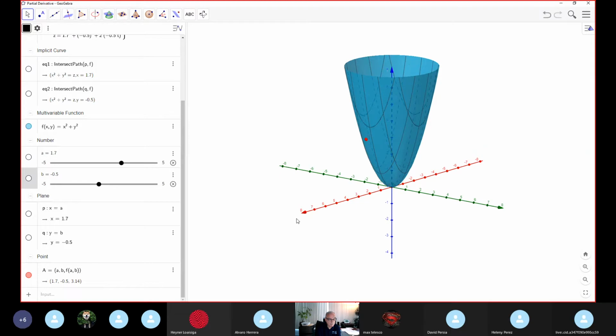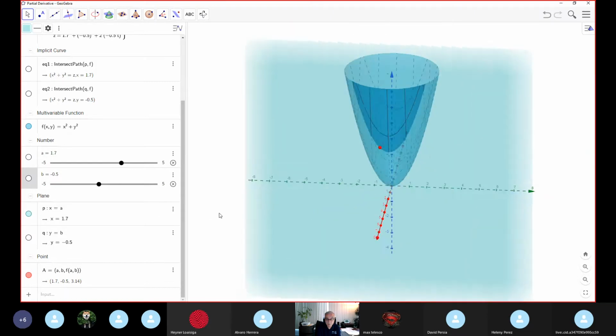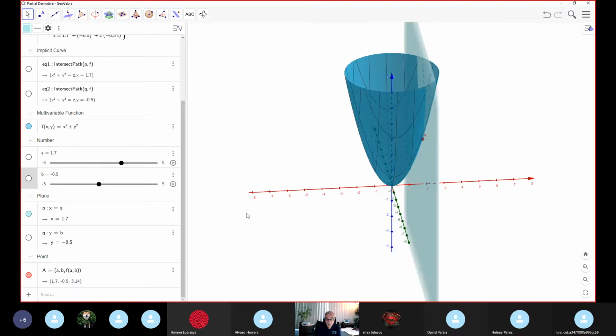Now, understand partial derivative. Suppose that I differentiate with respect to Y. First derivative, partial derivative with respect to Y. So I consider that X is constant. X is constant, the representation is a plane. Look at that.